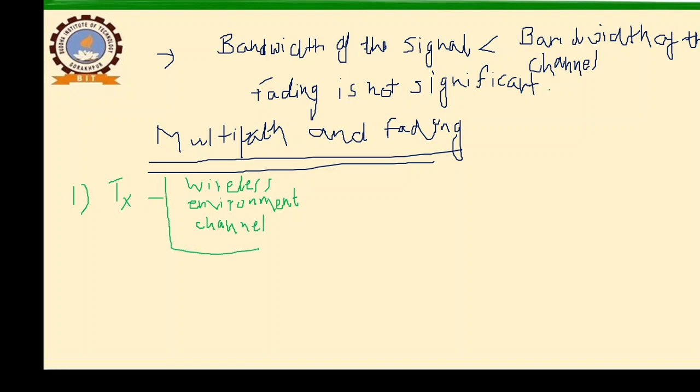It is the free space path. You can write this. The other end is the receiver. So you are able to say that the wireless channel is a multipath propagation channel.